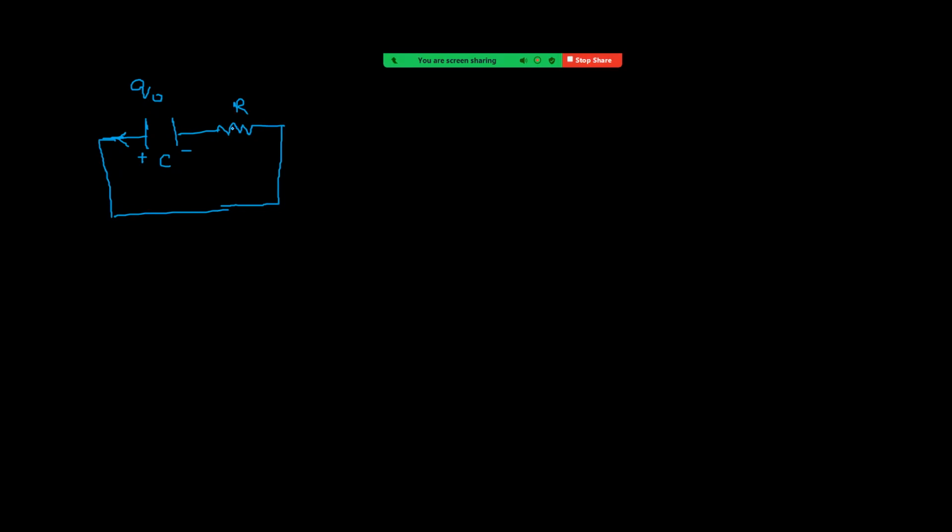That means there is a current flow, and because of the current across a resistor, energy will be lost. If you call this a bulb, we can see the bulb glows here. So the loss of this energy appears across the resistor. That is the meaning of discharge.